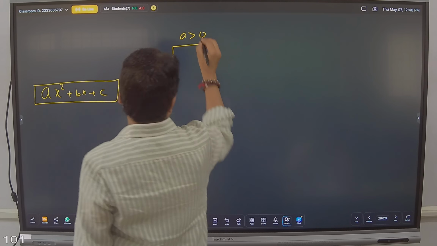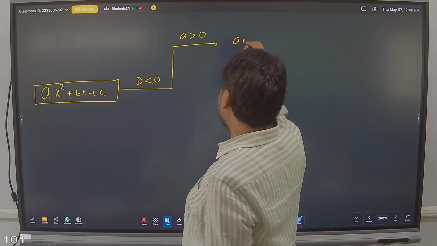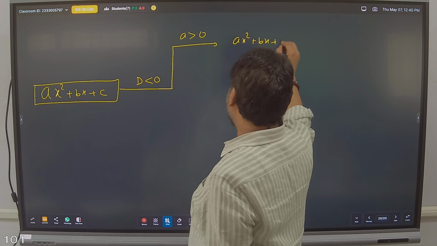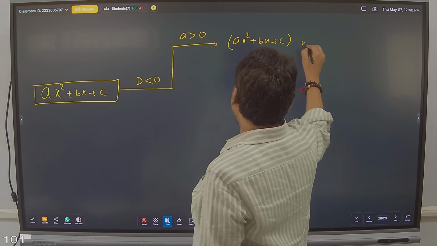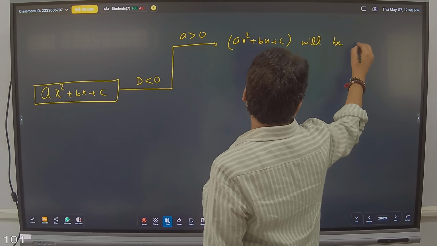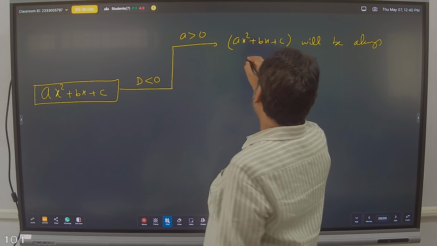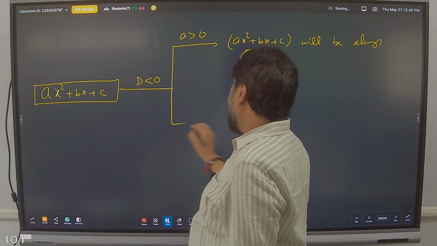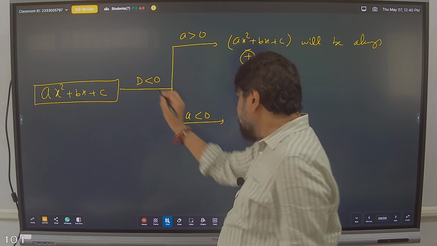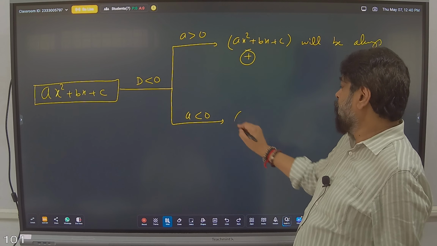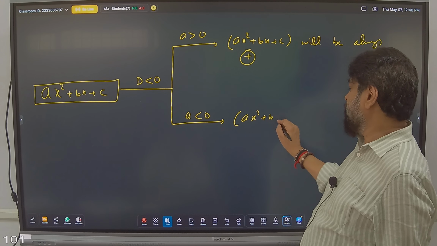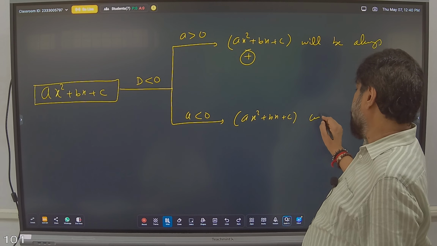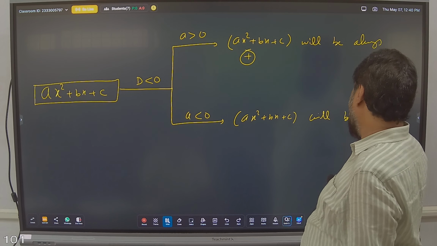If a is greater than 0, then ax square plus bx plus c will be always positive. And if D is less than 0 as well as a less than 0, then ax square plus bx plus c will be always negative.